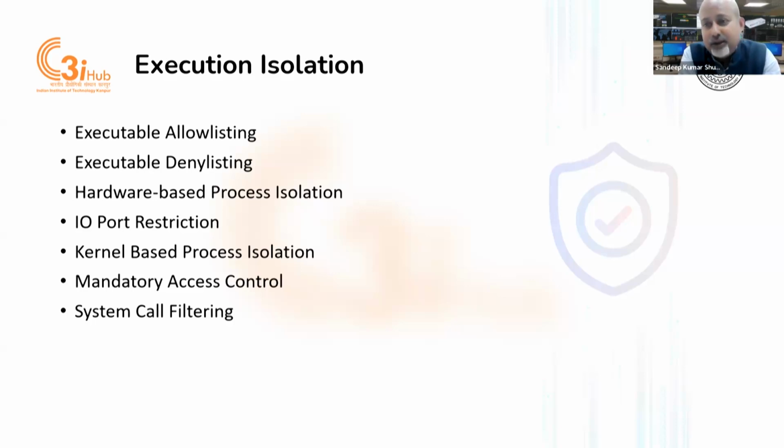Mandatory access control is the ability to control access to resources where you, even as a user, are not allowed to violate that. The opposite of mandatory access control is discretionary access control.